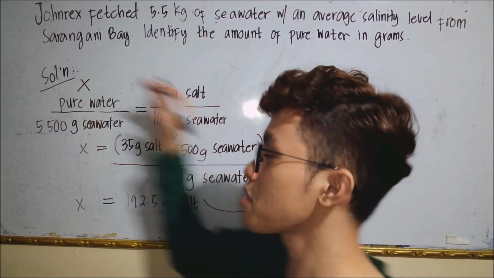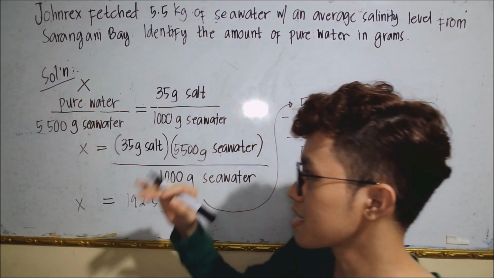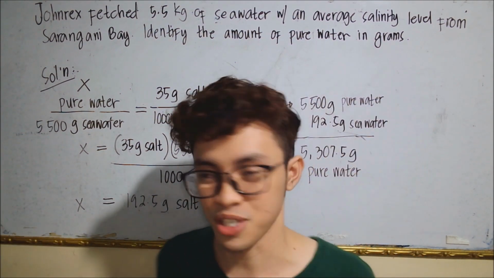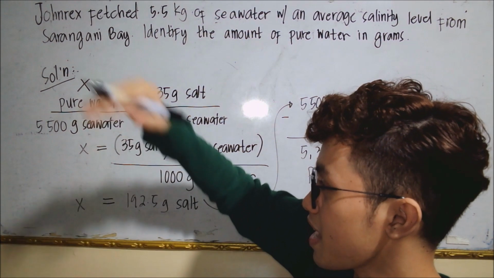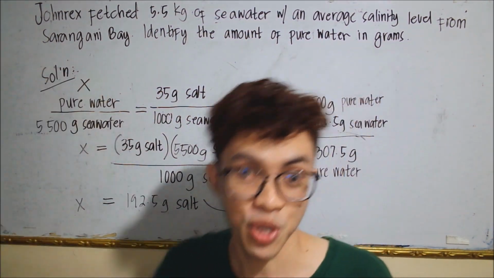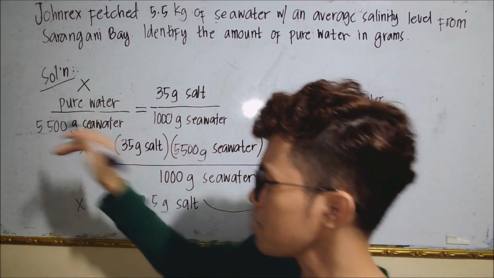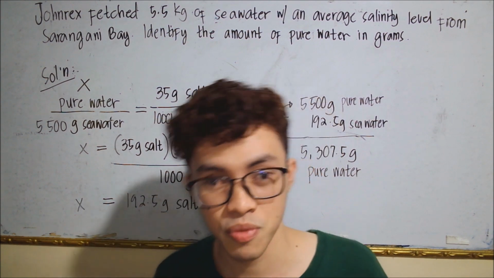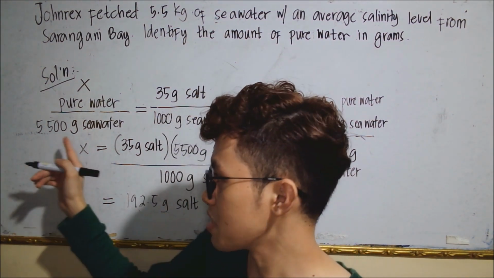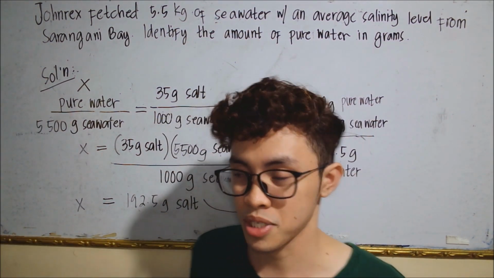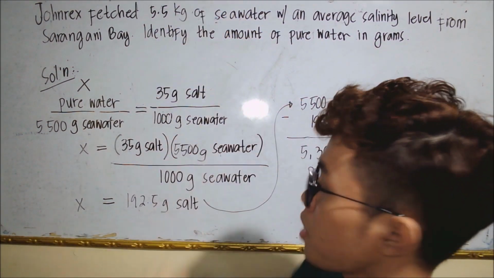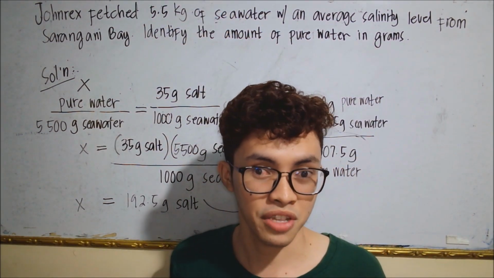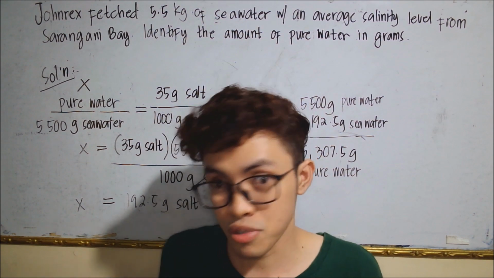Okay, so very simple. Let's just use again the modified formula, and then let's fill in the values. Let X be the amount of salt over 5,500 grams of seawater. Now, where did we get this 5,500 grams? We have here 5.5 kilograms of seawater. Let's convert that from kilograms to grams.